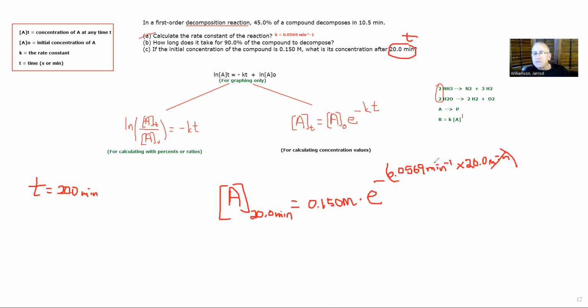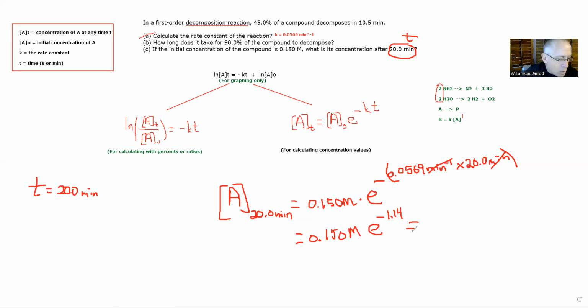The minutes cancel, which is good because we got minutes to the minus 1 times just plain minutes. And when I did this on my own separately, I hope I didn't mess up, I got 0.150 molarity e to the minus 1.14.